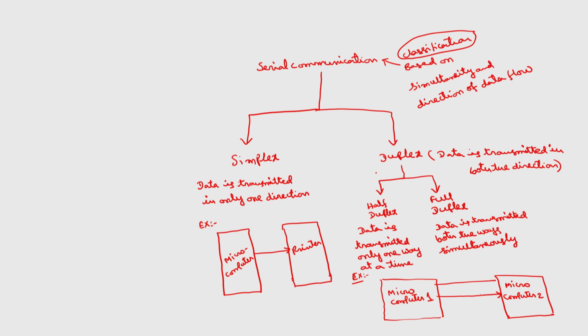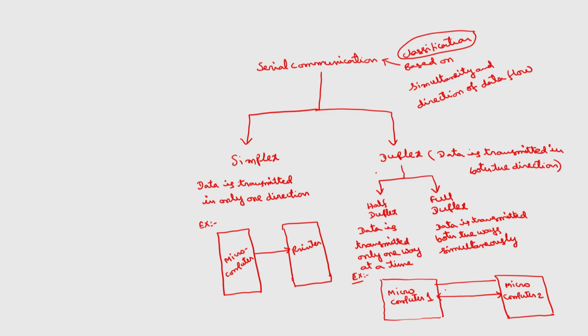In case of half duplex, only one single line is enough. The microcomputer 1 can transmit the data to microcomputer 2 or 2 can transmit to 1, but at any time only one way will be enabled. In case of full duplex, there will be two communications, one from computer 1 to computer 2, and the second from computer 2 to computer 1. So, there will be two wires. This is an example of full duplex.